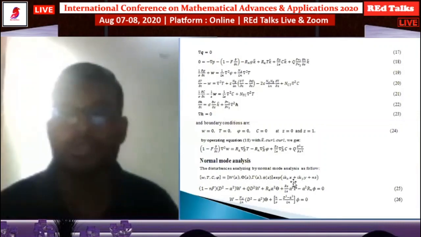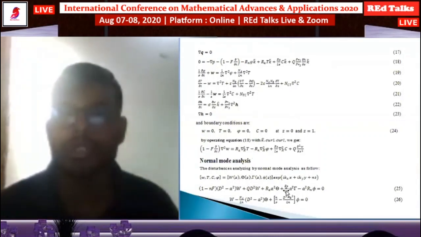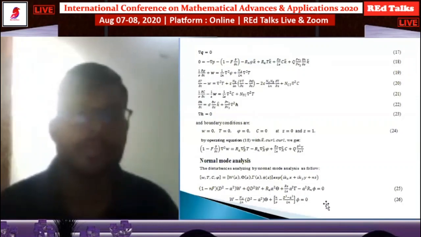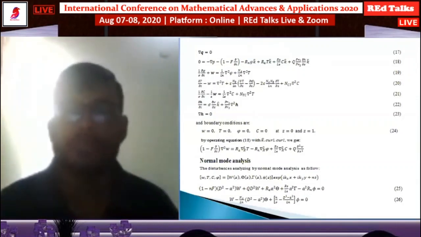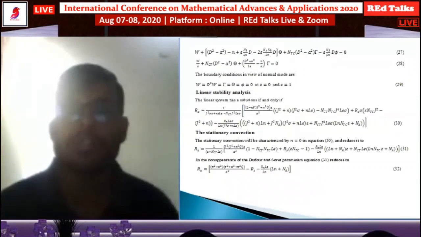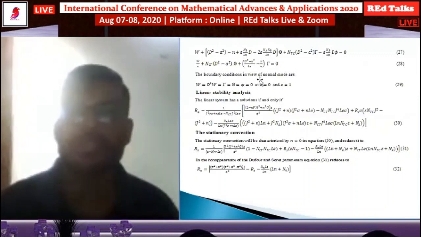Using all these equations, we reduce to new equations: equation number 25, 26, 27, 28, and the boundary conditions in view of normal mode are equation number 29.